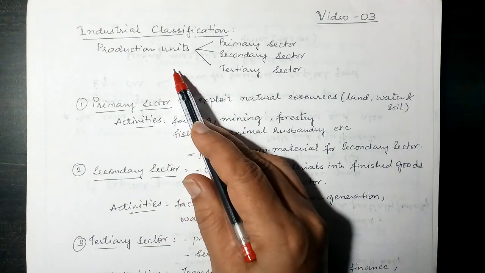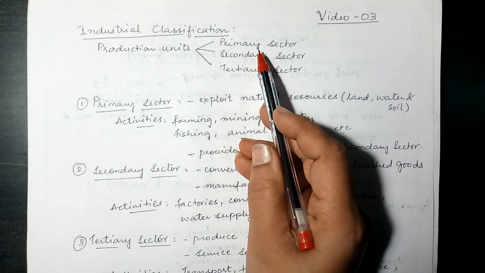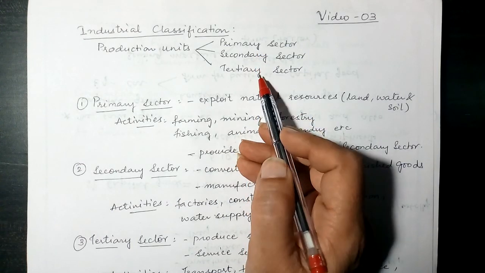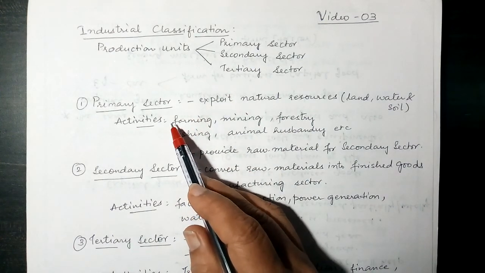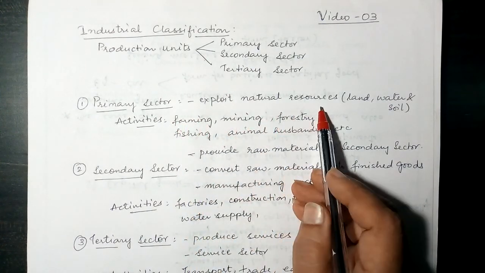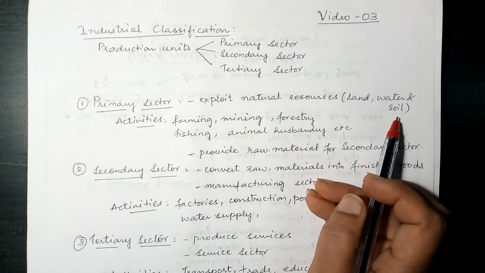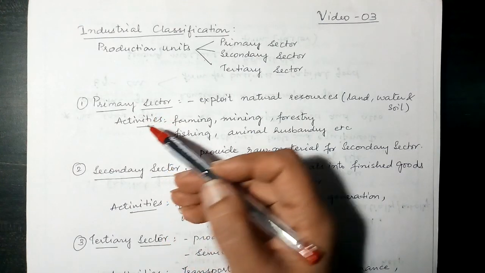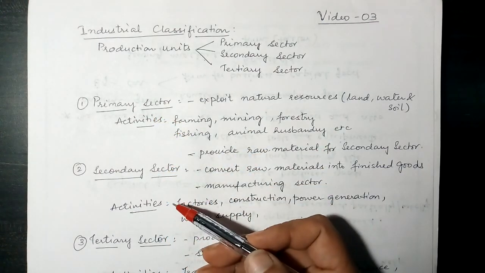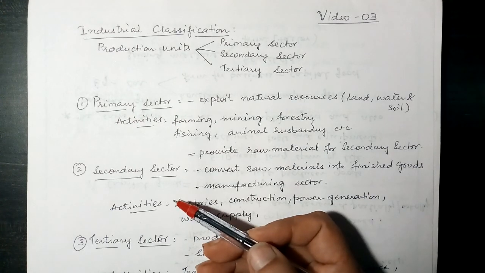Industries or production units are divided into three sectors: the primary sector, secondary sector, and the tertiary sector. The primary sector exploits natural resources of land, water, and soil. That is why it is called a primary sector, because we directly get the materials or goods from nature.